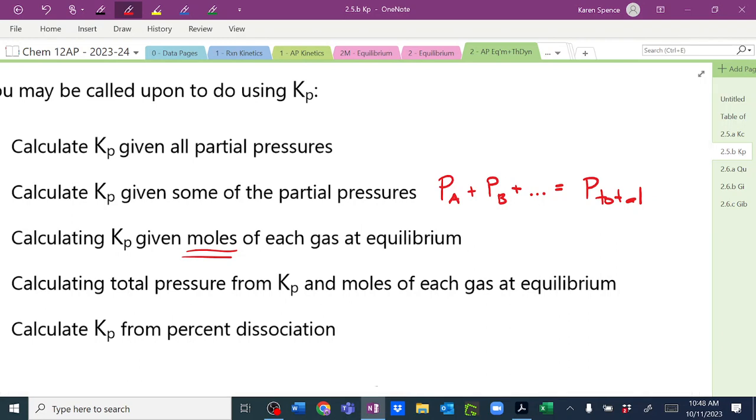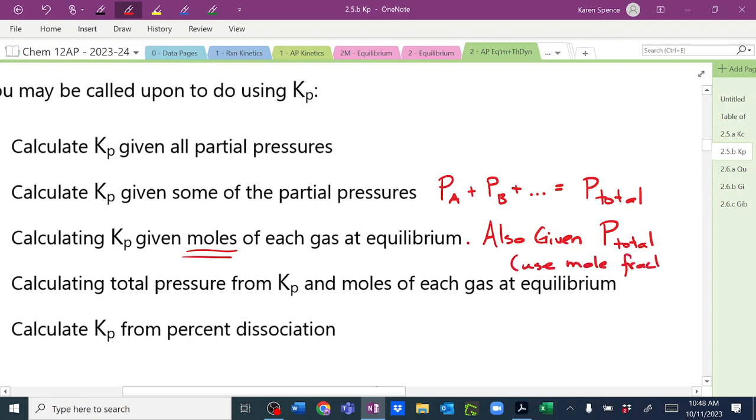You would also have to, I believe, be given a total pressure. Right, so you could be given moles of each, and then you can calculate the mole fraction.